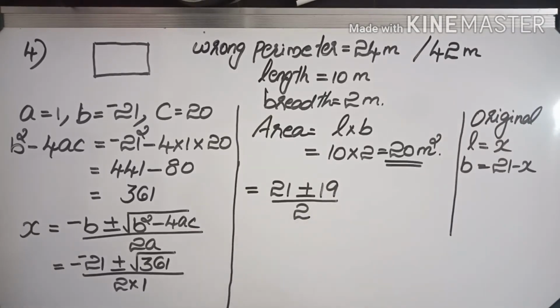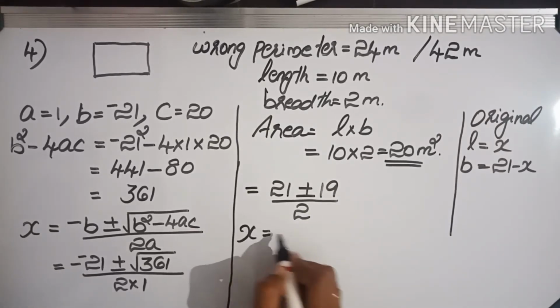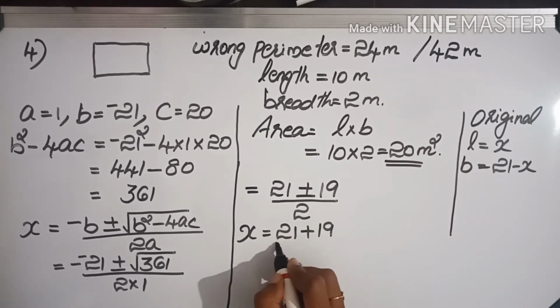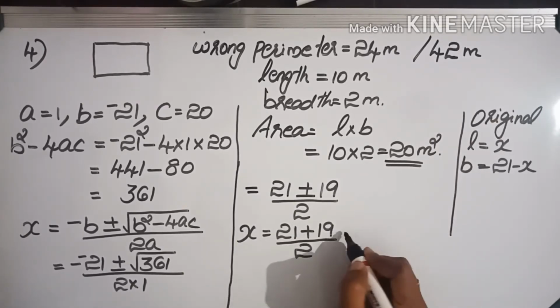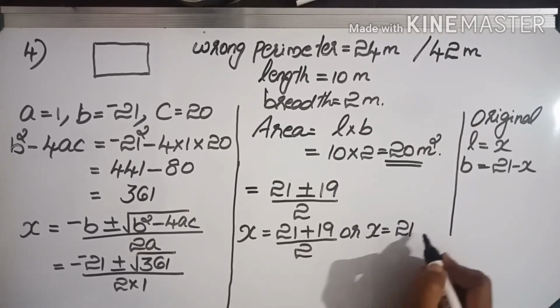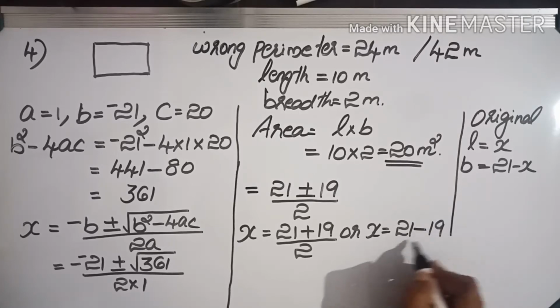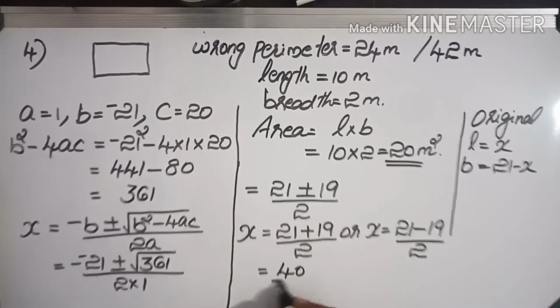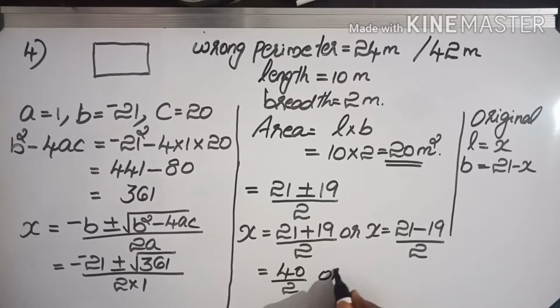Now we can split this. So x is equal to 21 plus 19 whole divided by 2, or x is equal to 21 minus 19 whole divided by 2, that is equal to 21 plus 19, that is 40 by 2, or 21 minus 19, that is 2.